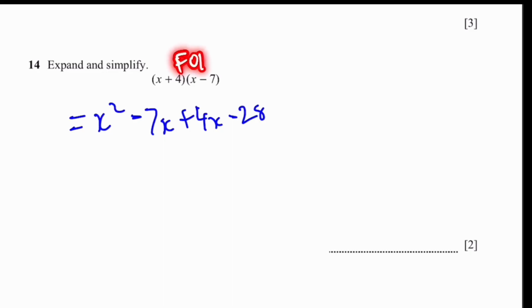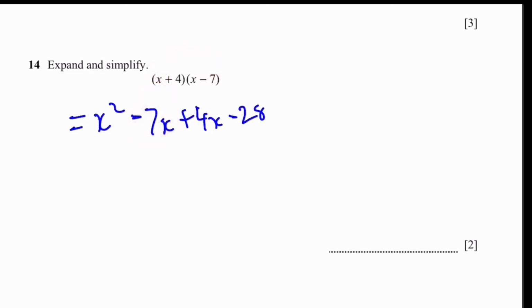Question 14. Expand and simplify x plus 4 into x minus 7. That will be equal to x squared minus 7x plus 4x minus 28. Using the FOIL method, if you didn't know, it stands for front, which means multiplying the two front numbers in the brackets, then outside, which is multiplying the two outside numbers.